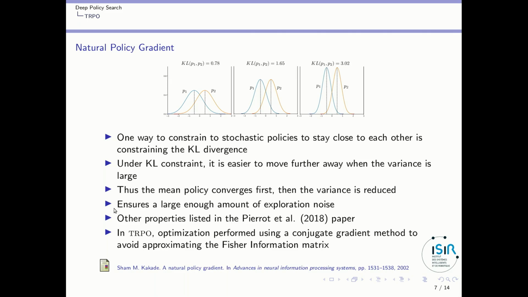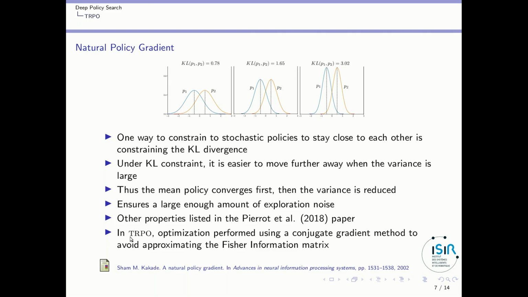Nowadays, with algorithms like soft actor critic, this mechanism has been mostly replaced by entropy regularization, which is somewhat easier to define. And if you want to know more about the natural policy gradient, again, I encourage you to have a look at our paper with Thomas Pierrot and Nicolas Perrin about those different gradient techniques.